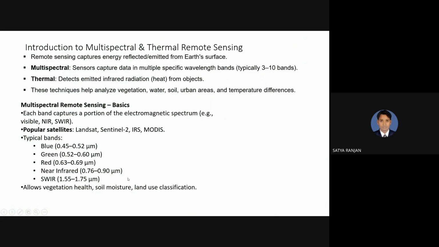Mostly we use multispectral images in remote sensing. After that, we use thermal remote sensing. So we have to discuss some of the characteristics of multispectral sensors and thermal sensors now. First, multispectral means more than one spectral band. So blue, green, red, infrared.